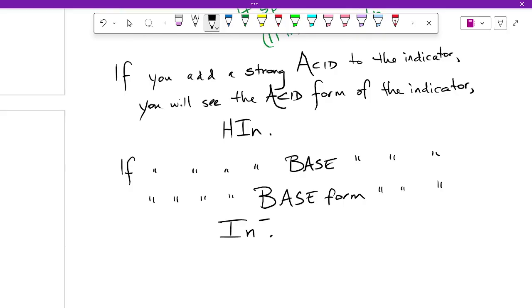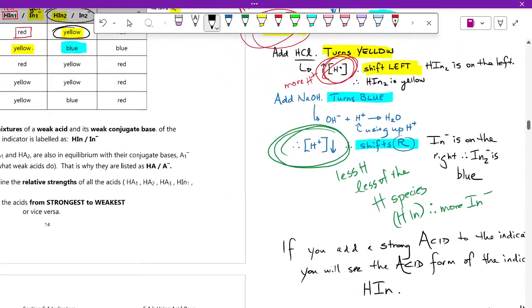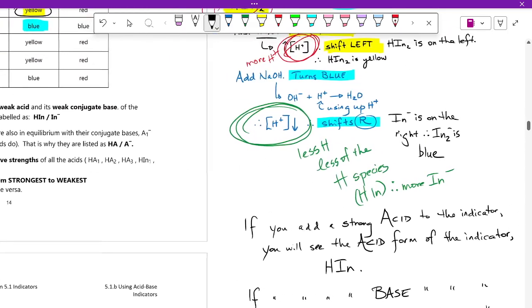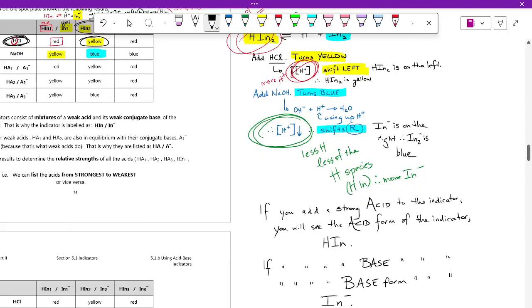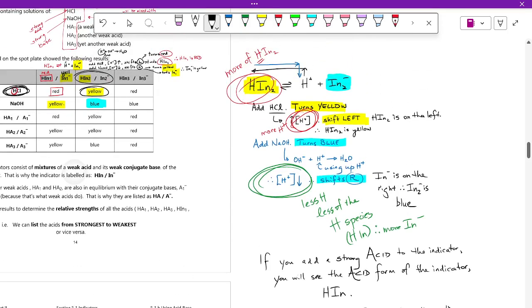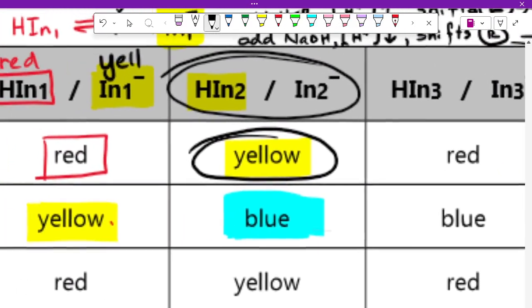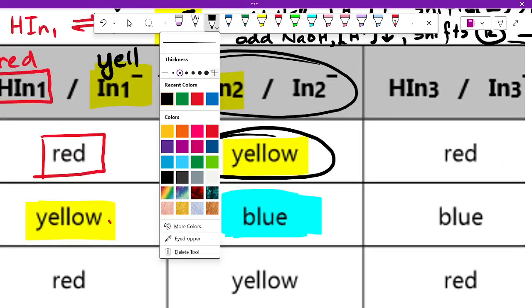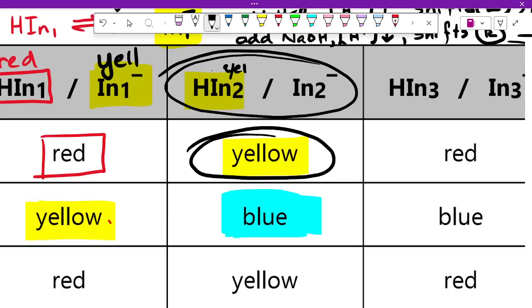Could you predict then, okay, so we agreed that HIN2 was yellow and IN2 minus was blue. So this one is yellow and this one is blue.